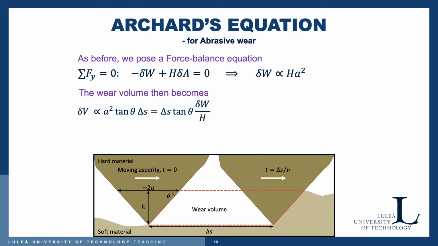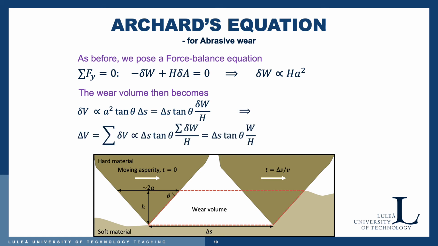And because of the load balance, we can formulate it as the sliding distance delta S times the tangent theta times the asperity load over the hardness of the softer material.